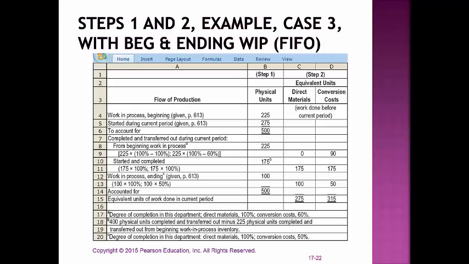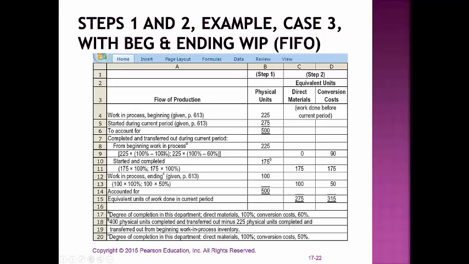So under this first in, first out method, we have got to separate out the fact that the materials are from the prior period, and you'll see why we do that when we get down to steps 3, 4, and 5. Notice that it says 100% minus 100%.